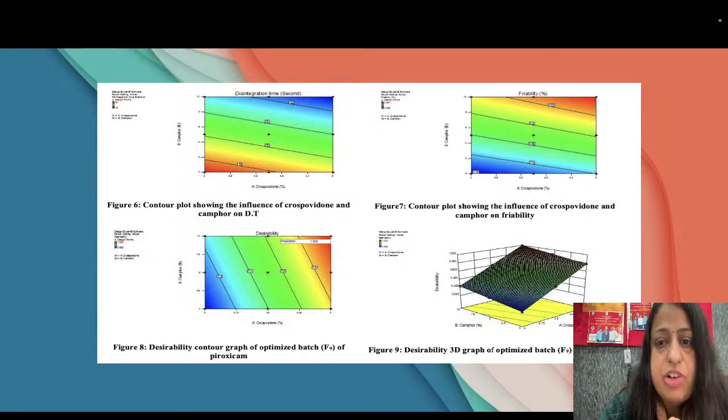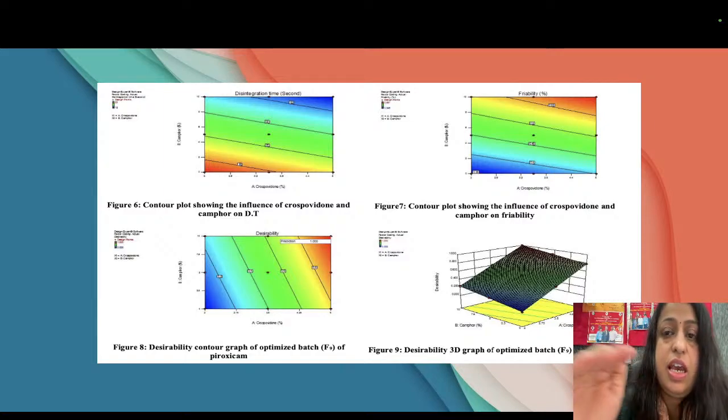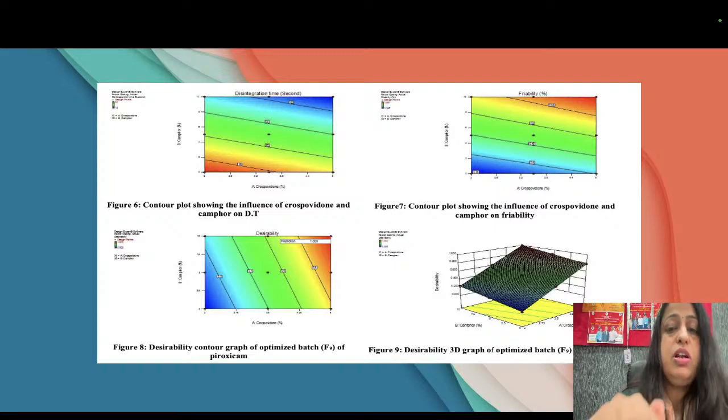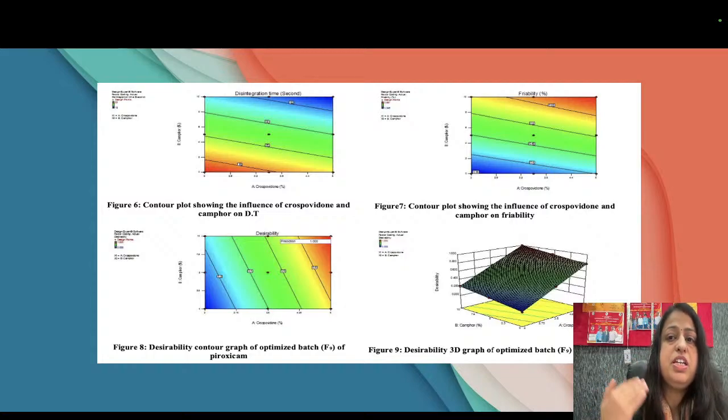If we check out the friability, then when we increase the amount, the percent friability value will be reduced. Again, it is showing the negative effect. If we are taking lesser quantity of camphor and cross povidone, their lesser quantity will make the tablet less porous. So, in that case, the percent friability will be more, right?